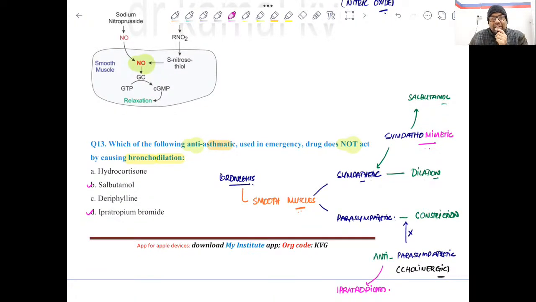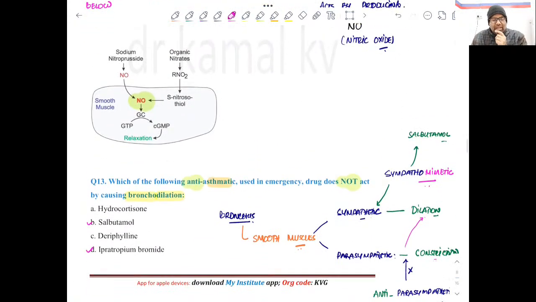Ipratropium is anticholinergic. It will block the parasympathetic system. Since the parasympathetic system causes bronchoconstriction, if it is blocked, there will be bronchodilation. So this explains options B and D. And theophylline also causes bronchodilation. So the answer here is hydrocortisone.